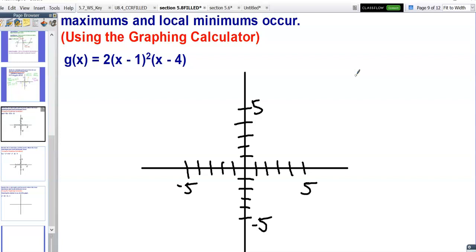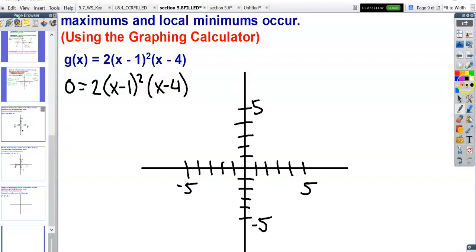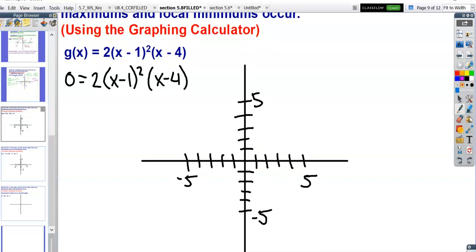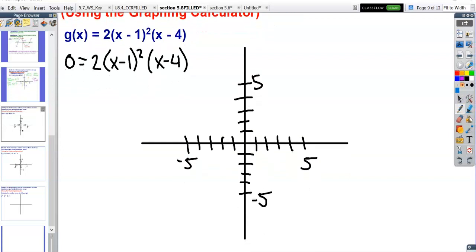So you would want to set g of x equal to 0. And then you can set both of those terms equal to 0 and solve. The 2, if you want to eliminate it, you can by dividing both sides by 2.